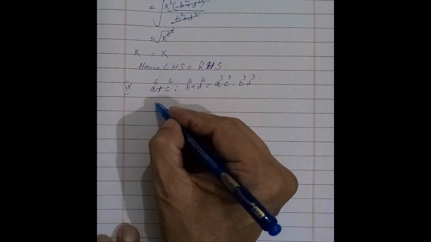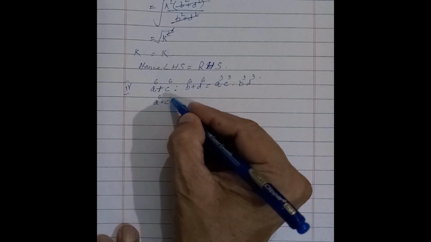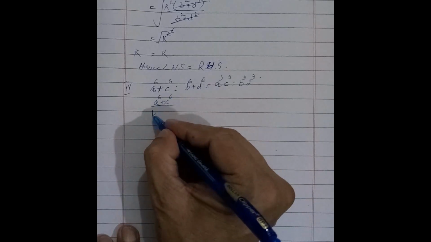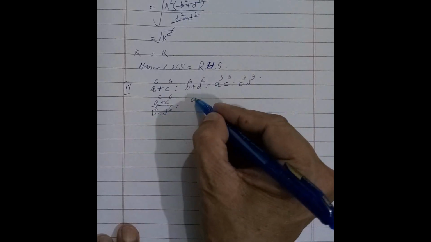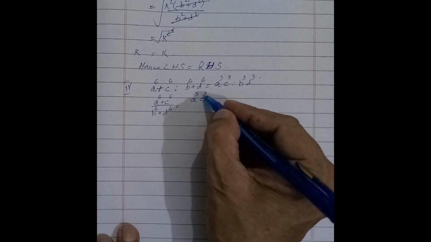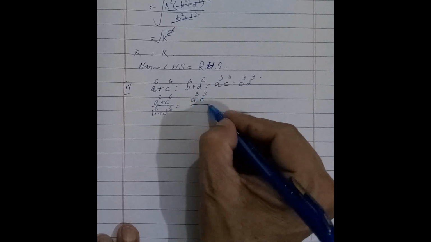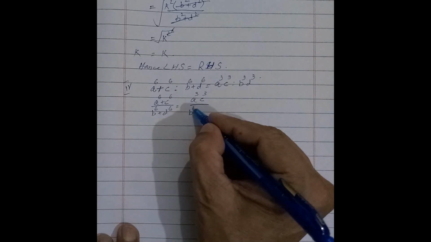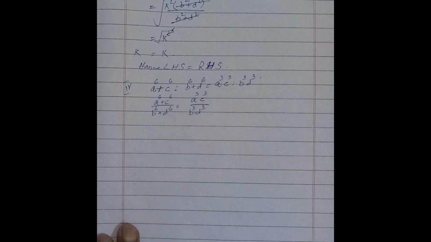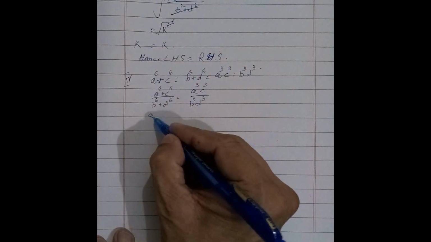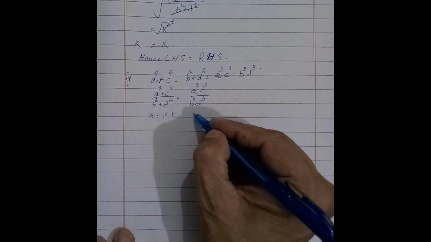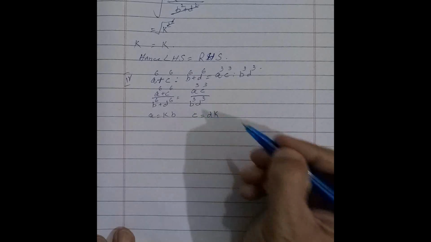We write these values in fraction. We get A to the power 6 plus C to the power 6 over B to the power 6 plus D to the power 6 is equal to A cubed C cubed over B cubed D cubed. Now we put the values of A is equal to KB and C is equal to DK.